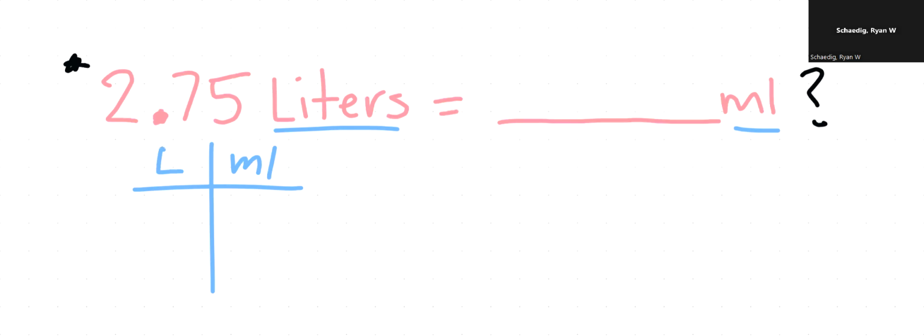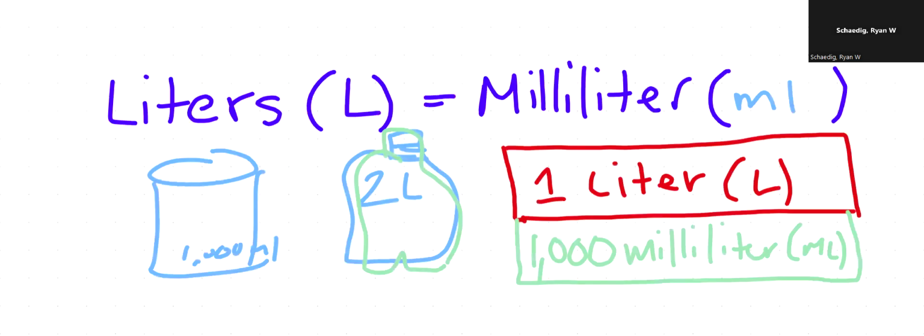Here is my one: 1 liter is the same thing as many milliliters. In fact, it's equal to 1,000. That's the rule of one to many. 1 liter equals 1,000 milliliters.